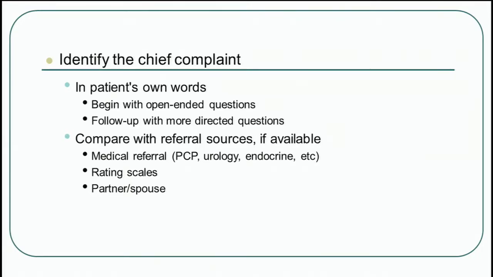And once you have the patient's chief complaint in their own words, it is important to compare that to referral sources if they are available. Whether that be a medical referral from the PCP, urologist, endocrinologist, or whomever, whether that be from some rating scales or surveys that perhaps the patient may have filled out in the waiting room, or that the triage nurse may have filled out, or from the partner or the spouse themselves.